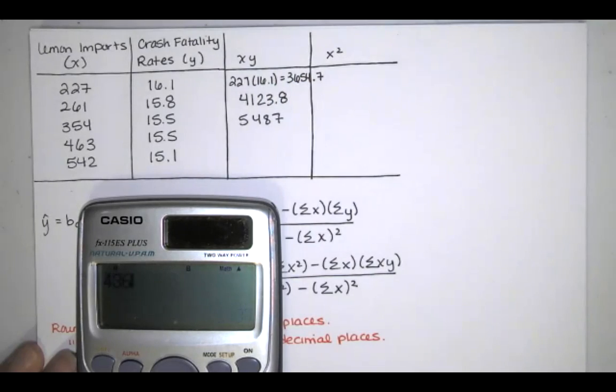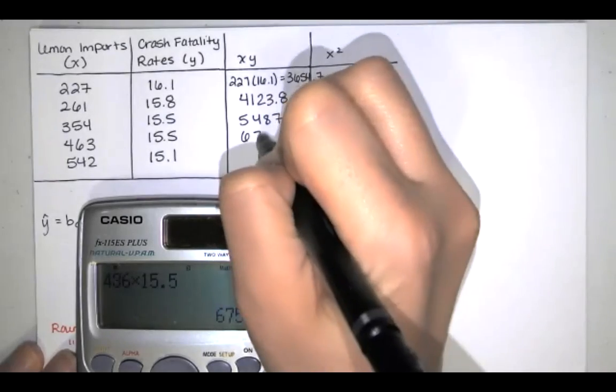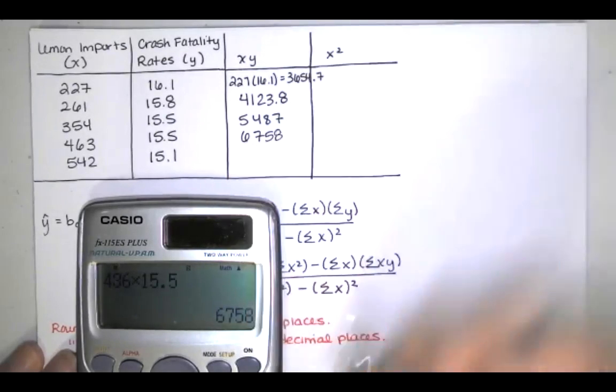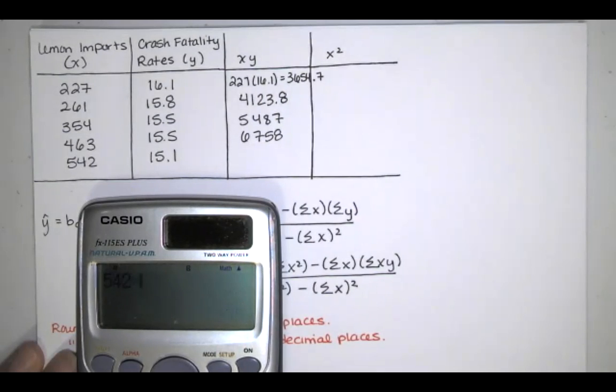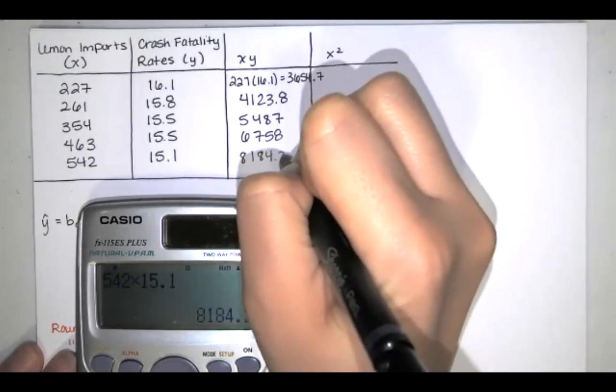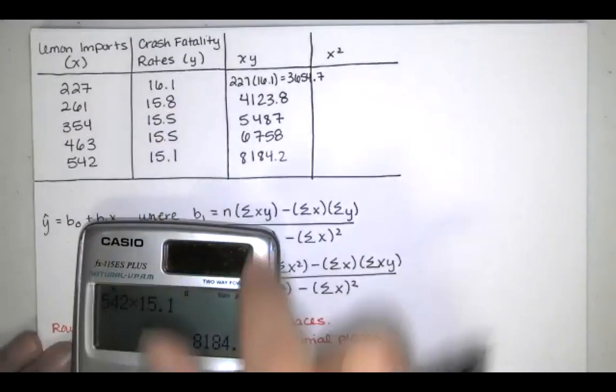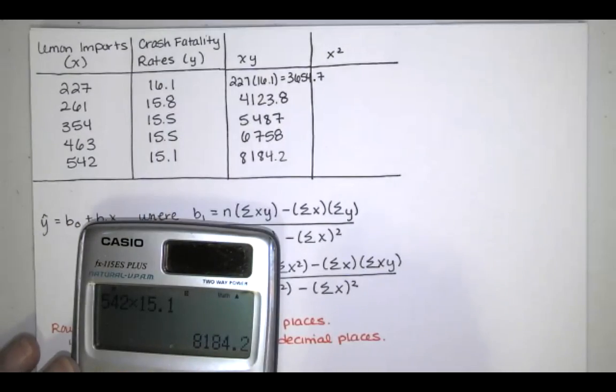Then 463 times 15.5. And then 542 times 15.1. You get the idea. Probably don't need to watch me type things into my calculator, but we're just multiplying those 2 together and then writing our values right here.